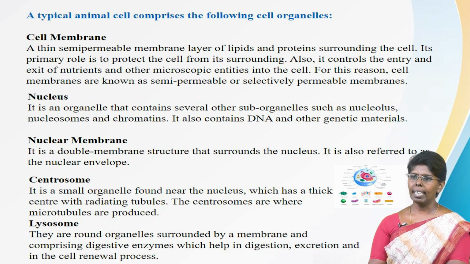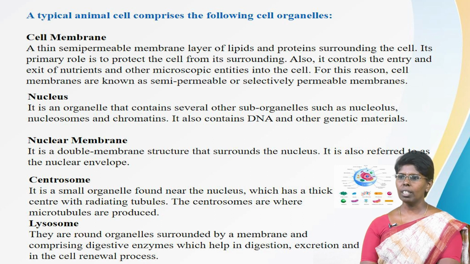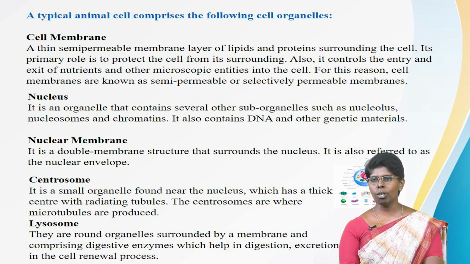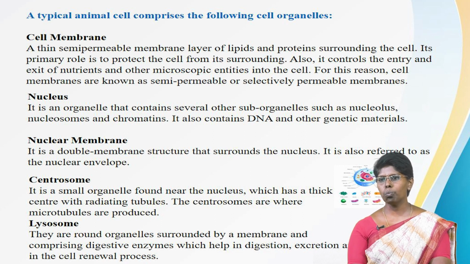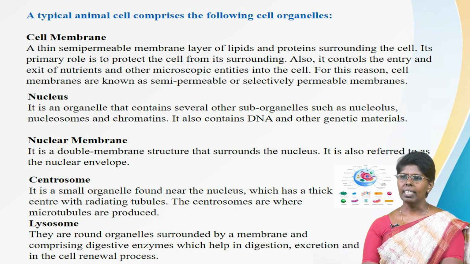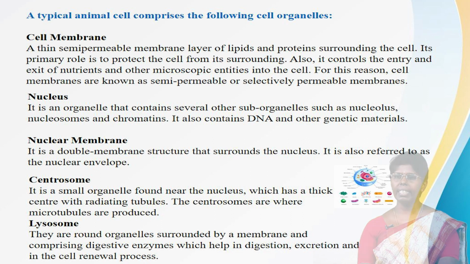It is a double membrane structure that surrounds the nucleus. It is also referred to as the nuclear envelope. What are centrosomes? A centrosome is a small organelle found near the nucleus, which has a thick center with radiating tubules. The centrosomes are where microtubules are produced.